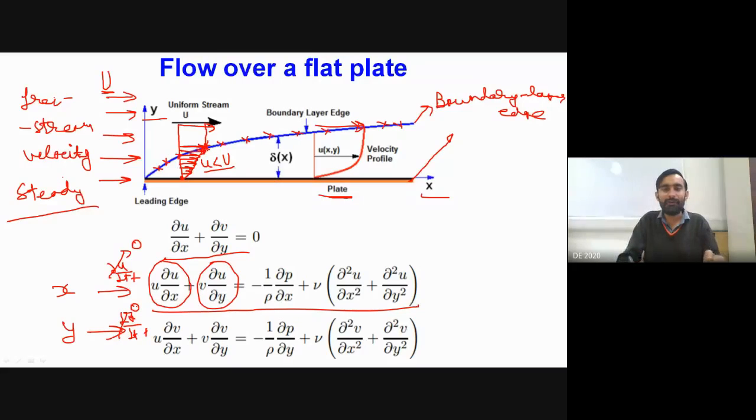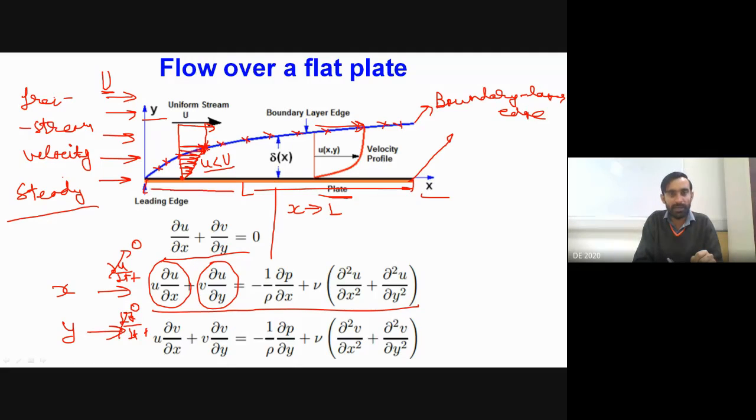So initially we go for order of magnitude or scaling analysis. Let us consider that in the x direction, our length scale is L, where L is nothing but the total length of the plate.